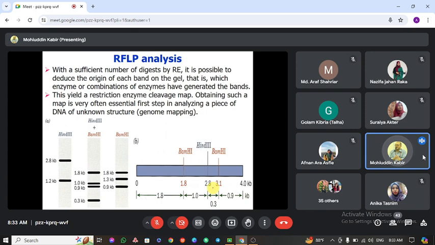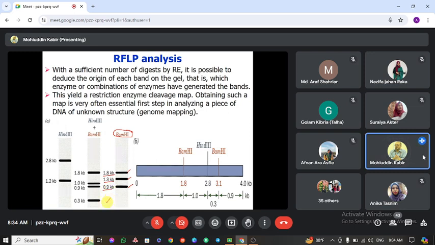In the next round of digestion, let's say BamHI has been used alone. First-time digestion has to be performed with single restriction enzymes. When we digest with BamHI, we get 3 bands. One is 1.8, another is 1.3, another is 0.9.